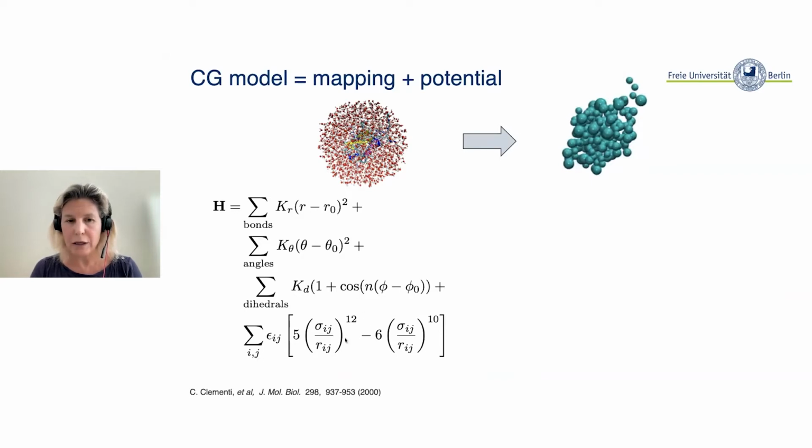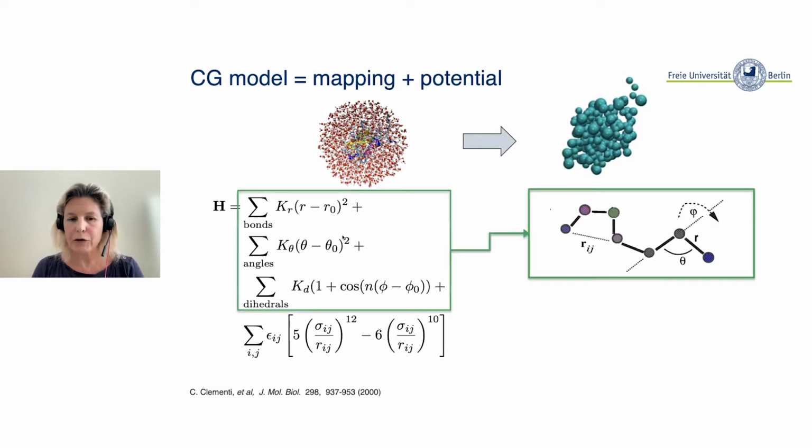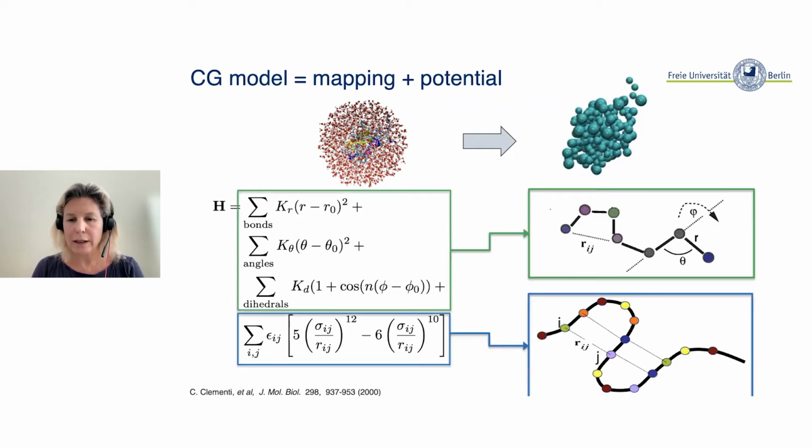It's not a Hamiltonian given from first principles, it's an effective energy function that can reproduce some properties of your system. Historically, this energy function has taken a functional form borrowed from all-atom energy functions, from force fields, with local terms and non-local terms. This is from an old paper we published more than 20 years ago.